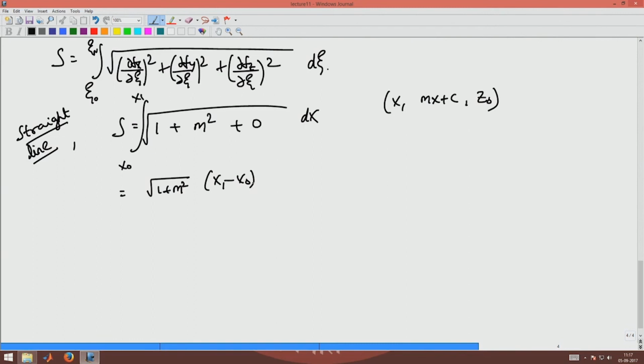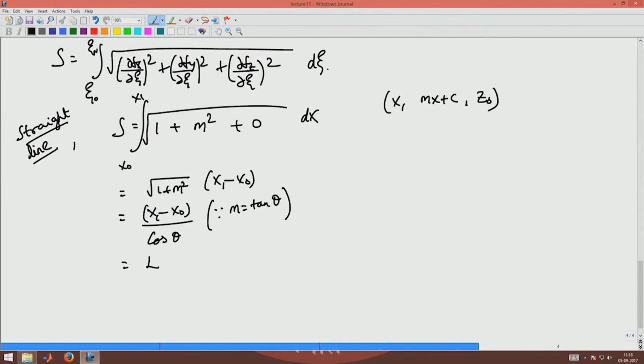Now, m is nothing but tan theta, so this is x 1 minus x 0 by cos theta, since m is tan theta. So, this is nothing but the length of the member, the length of the line L.